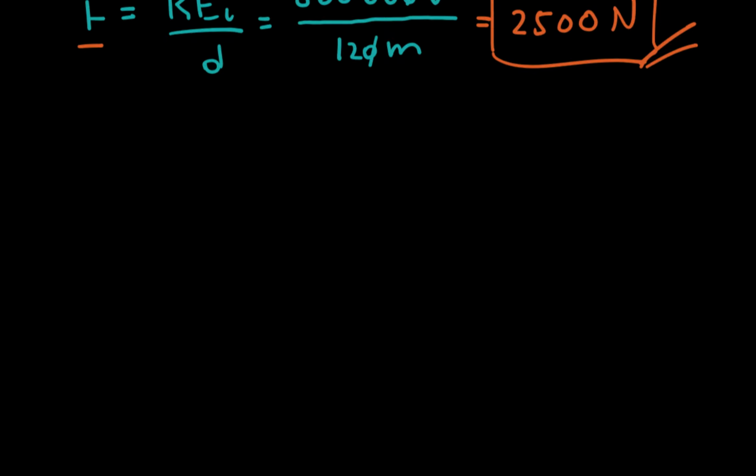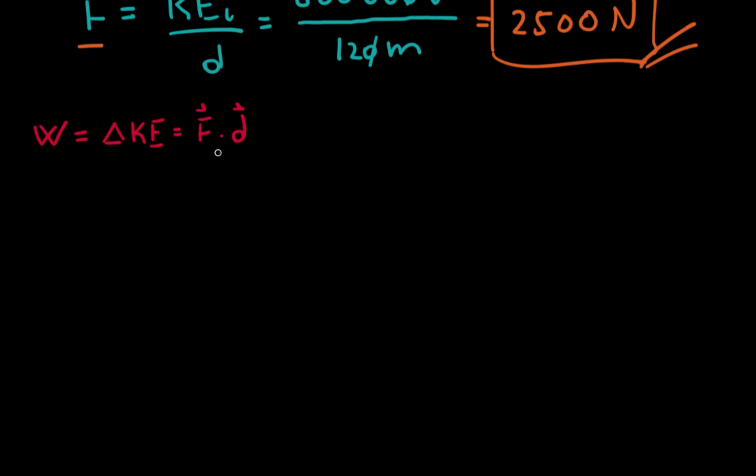If you didn't want to go through the steps of figuring out the kinetic energy first, you write the work-energy theorem. Work equals the change in kinetic energy, which equals force times distance.